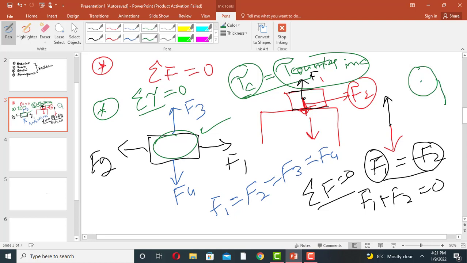Suppose this is one torque acting on a body, and this is the other torque acting on the body. This is the clockwise torque, and this is the anti-clockwise torque. If these two torques are of the same magnitude, then we will say that the body is in mechanical equilibrium. Suppose it is the circular steering wheel of a car.